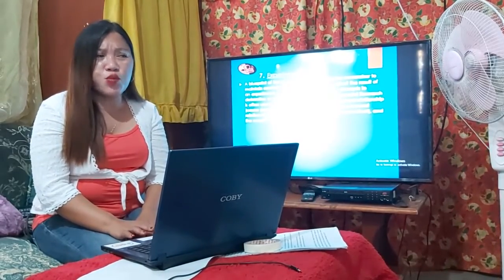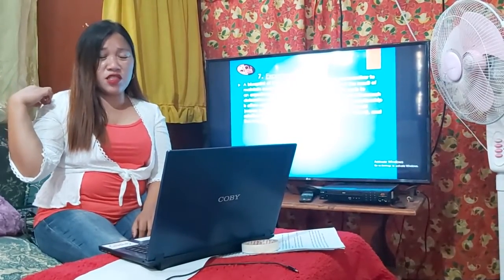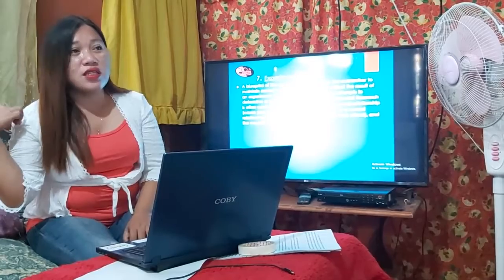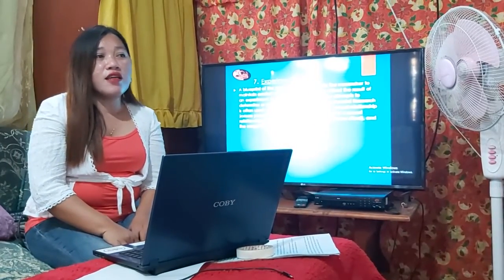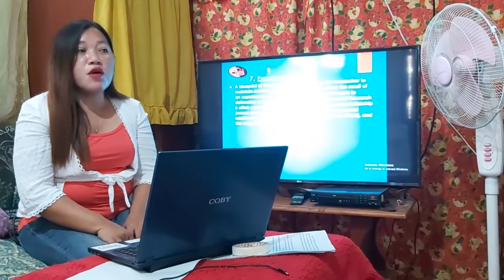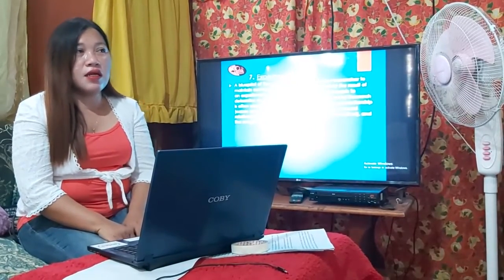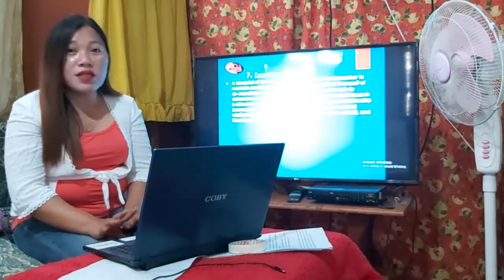Some research problems cannot be studied using an experiment because of ethical or technical reasons. Also, ethnographic and other qualitative methods are difficult to apply to experimental design research studies. That is all about the experimental design.